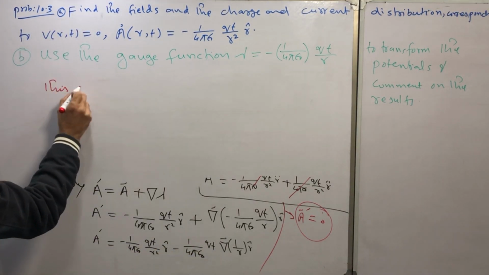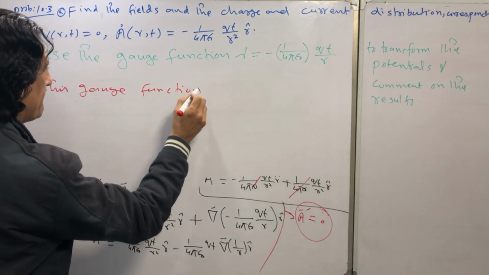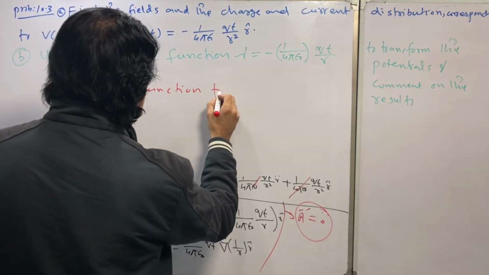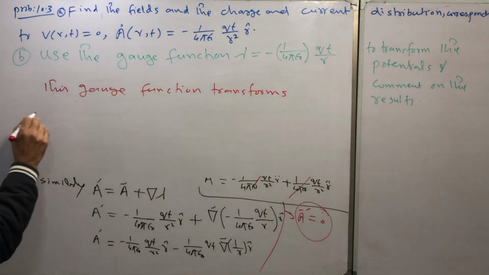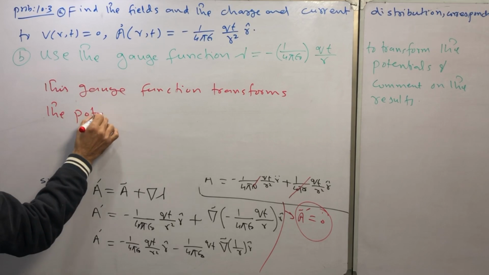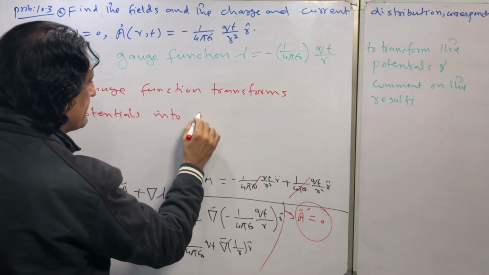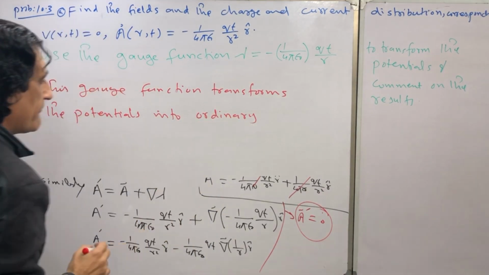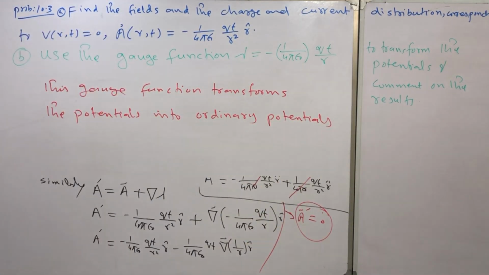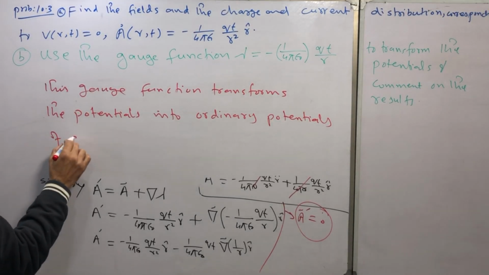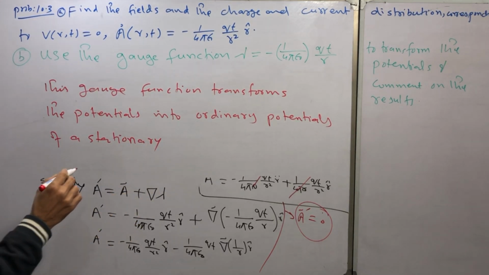This gauge function transforms the potentials into the ordinary potentials of a stationary point charge.